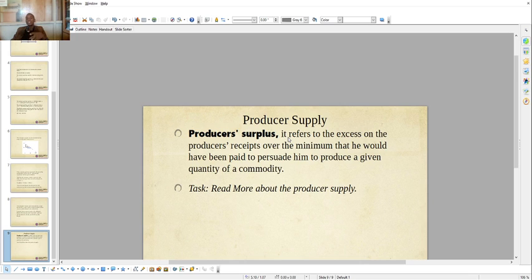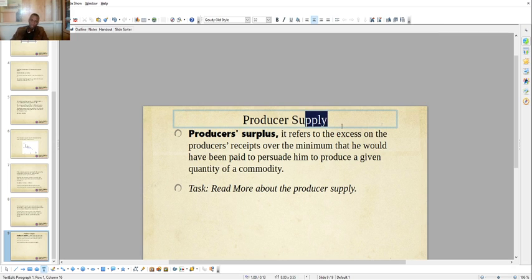So that means you're going to get more than what you're willing to. So the difference between what you actually get and what you would have accepted is what we call the producer surplus. Surplus, not supply. That's the producer's surplus.